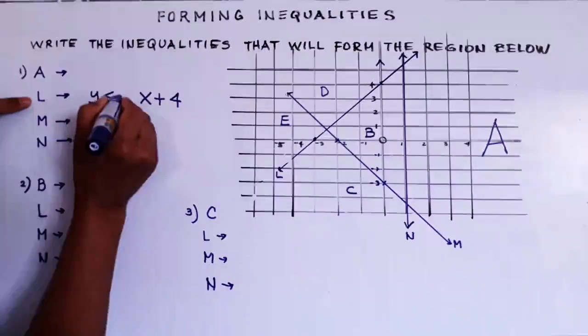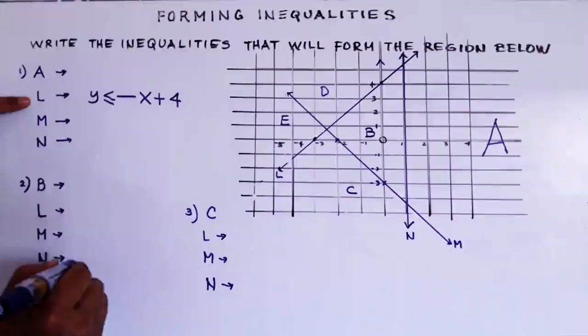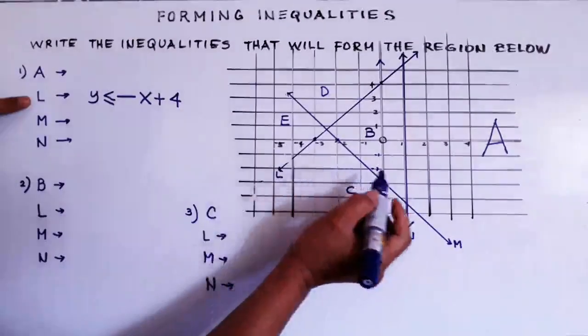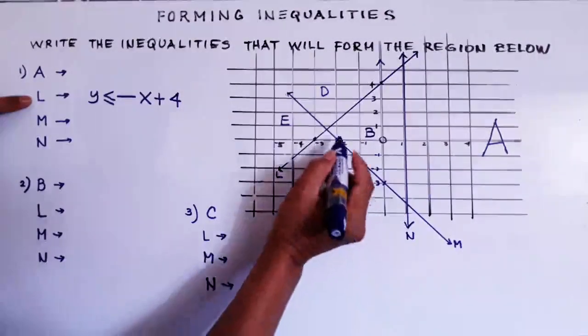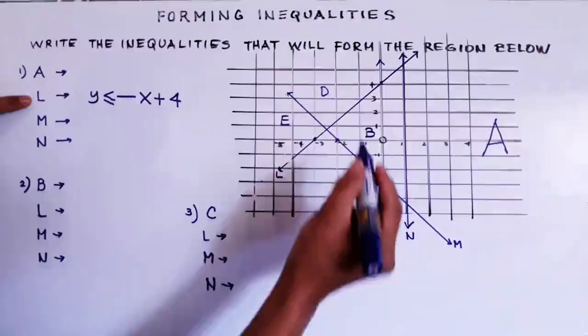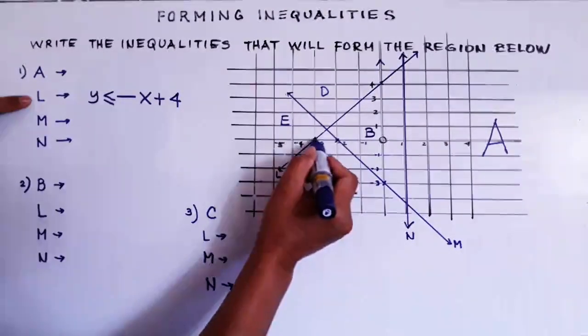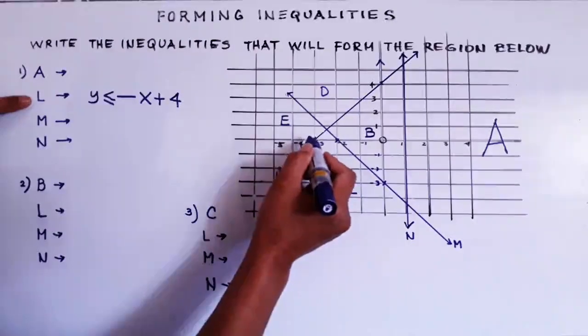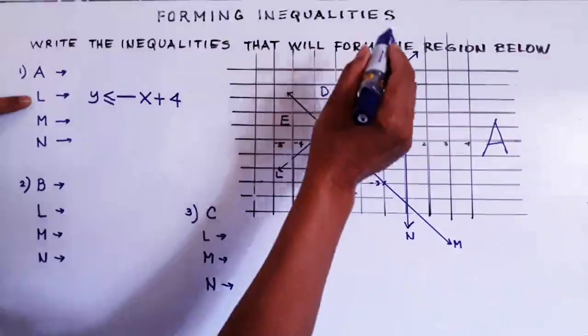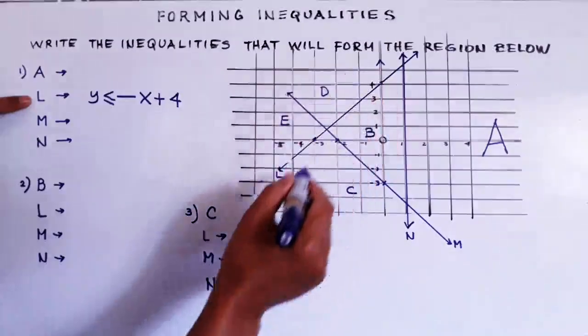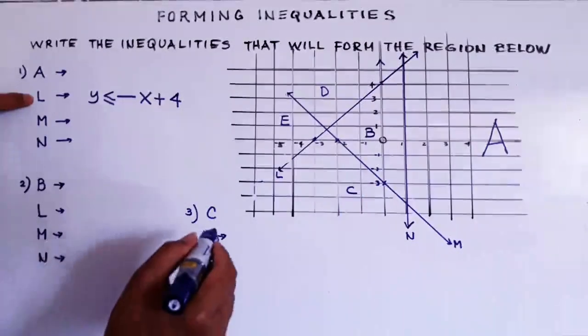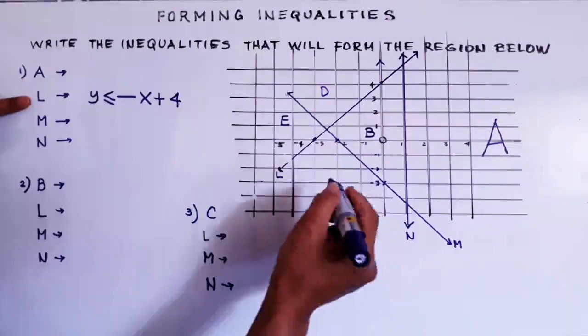And this numerical coefficient is the slope. So where's the slope of that L? We start from 4, we see this one, and we see this one, the negative 3 here. It is slanting to the right, meaning this line has a positive slope. So no problem with that one.